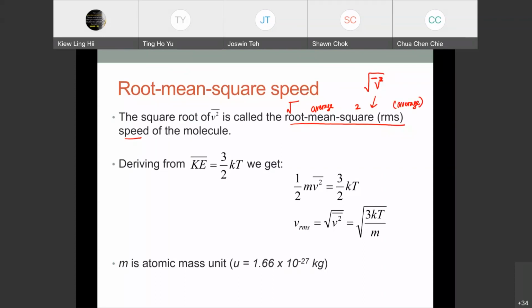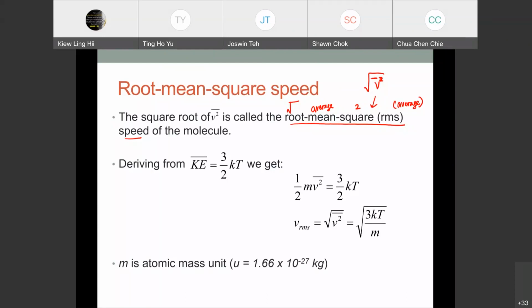You will encounter these RMS values in topic 10 later, about root mean square. So it actually means average, but it's only applicable when you take the root of an average of squared values, yeah.